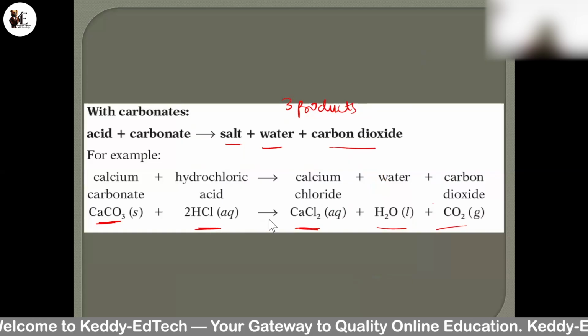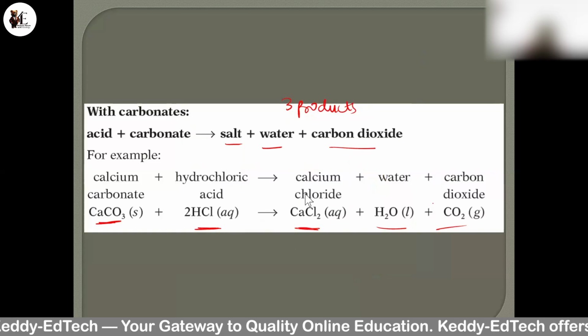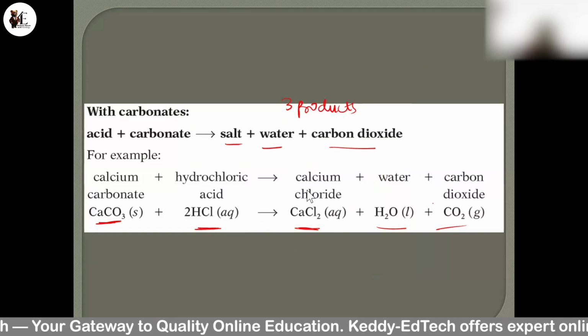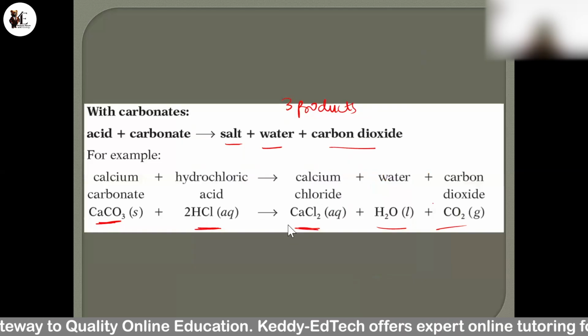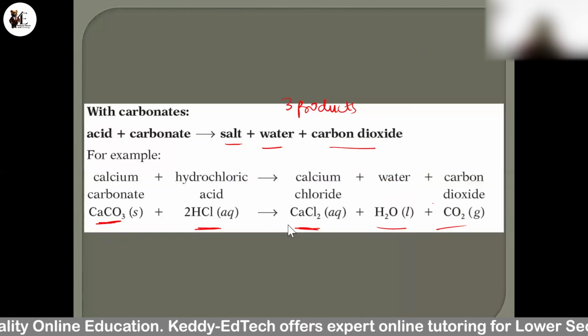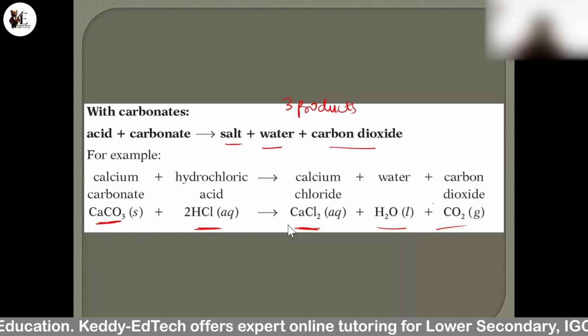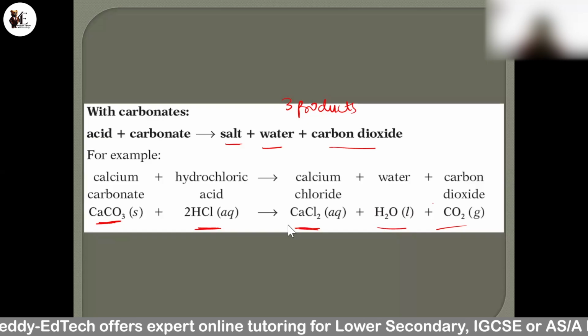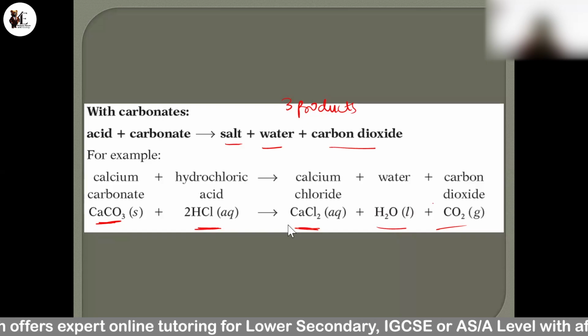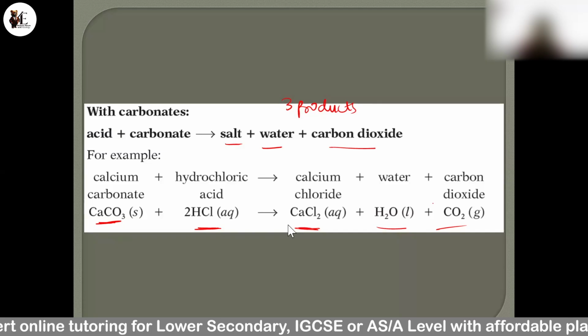When it reacts with acid, you have the products as calcium chloride. Calcium chloride is what? Is it a salt? Calcium chloride is acid, base, or a salt?